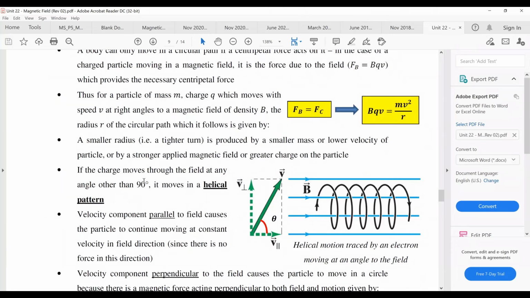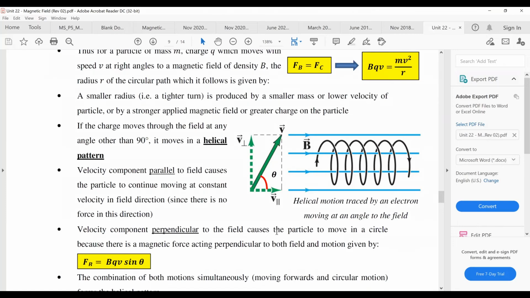Now, there are some cases where your charged particle, when it enters the magnetic field, is not exactly perpendicular to the magnetic field. It could be that it is moving at an angle to the magnetic field. So if it is moving at an angle, you need to consider the motion in two different directions. The motion in two different directions will cause your charged particle to move in a helical pattern, a helix.